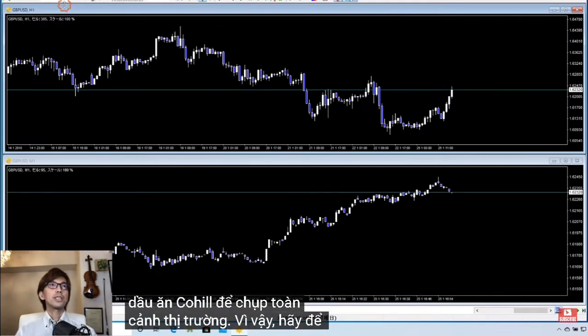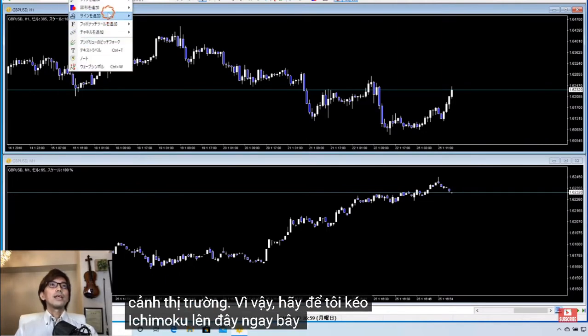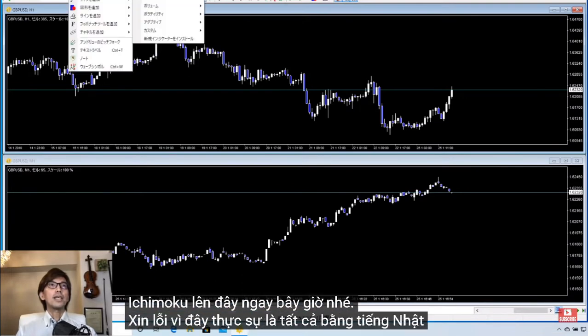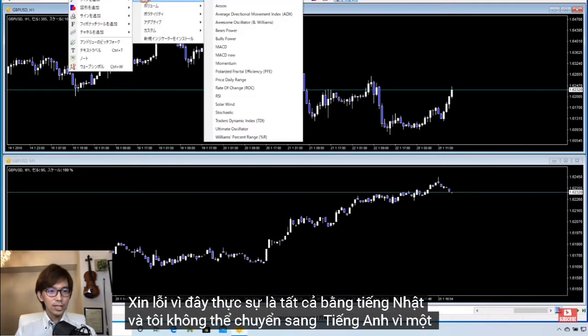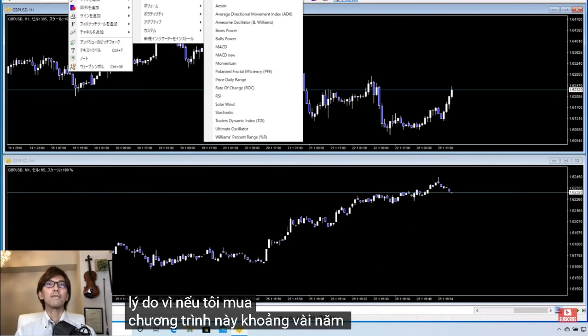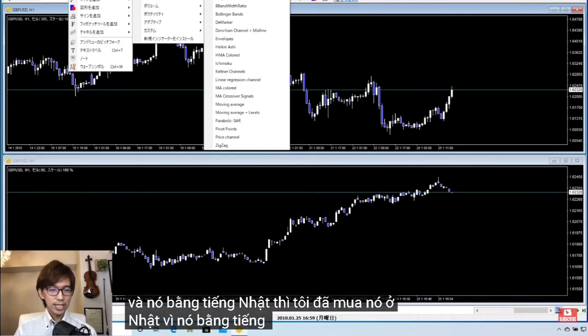So let me pull up the Ichimoku here now. Okay, where is it? Trend. Sorry, this is actually all in Japanese, and I cannot switch to English for some reason, because I bought this program a couple of years ago in Japan, so it was in Japanese.